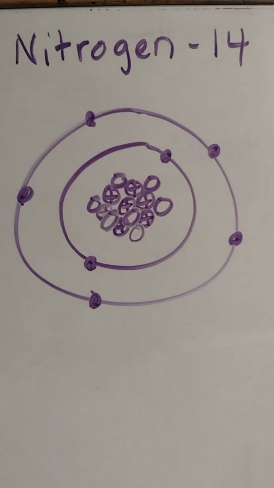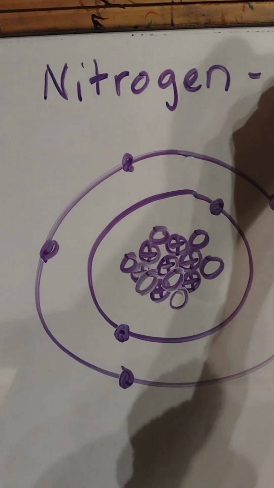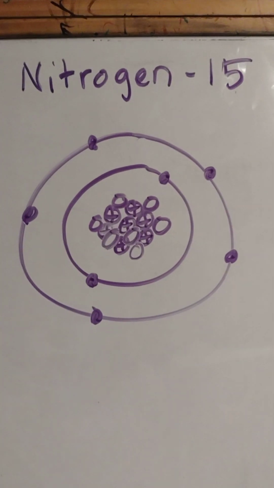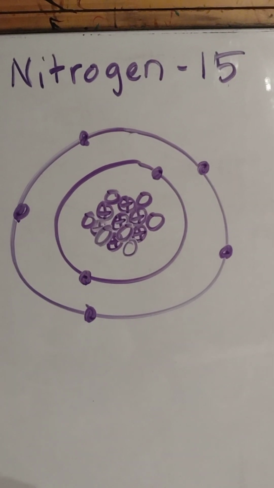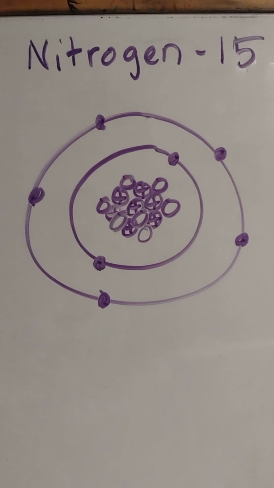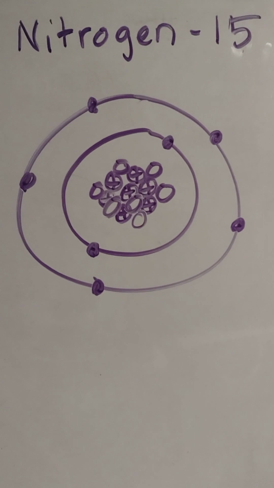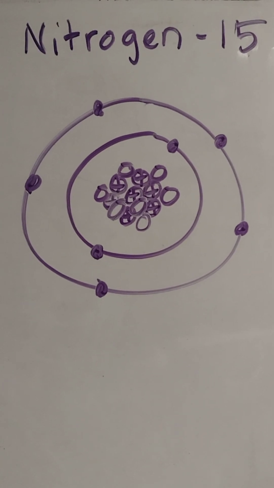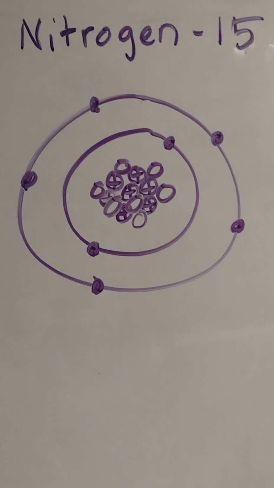Now we're going to change it to be nitrogen 15, which is an isotope of nitrogen 14. If we have added a number to our atomic mass, what have we done to our atom's nucleus? We can't change the protons, because if we change the protons, that will change the element into a whole different element.